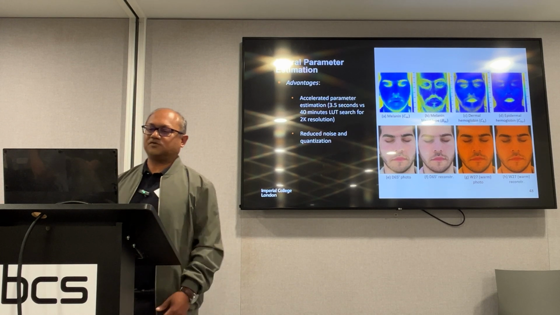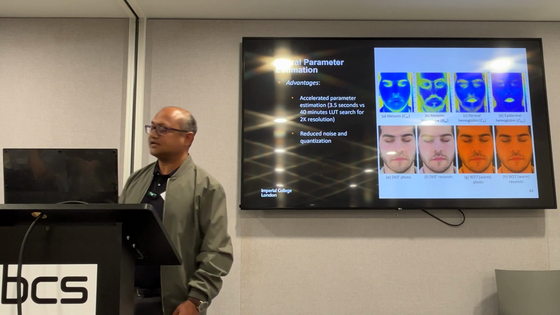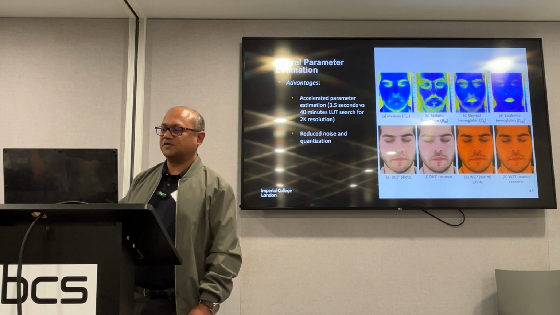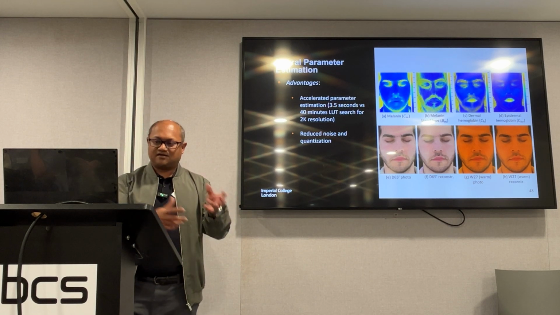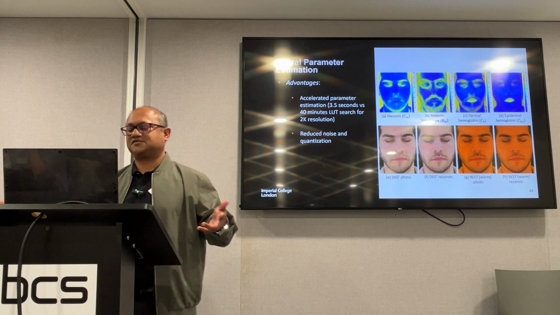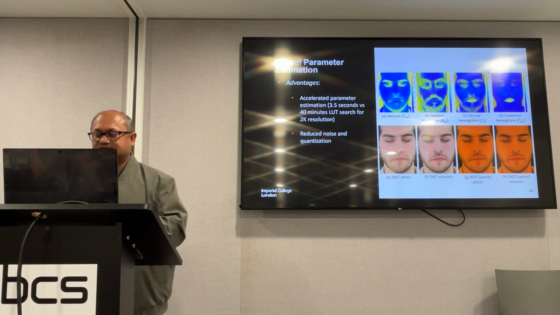So something that was taking 40 minutes on a 2K resolution was down to a few seconds, basically. The other benefit, of course, with neural networks is that the training data was discrete lookup table values, but the prediction with neural network is a continuous value and also suppresses noise.